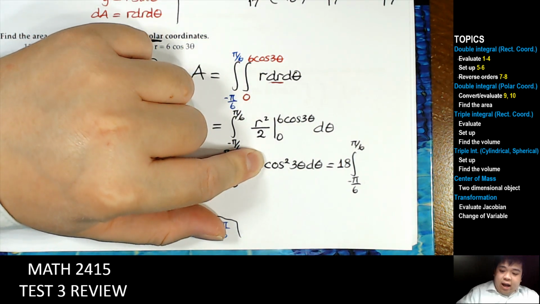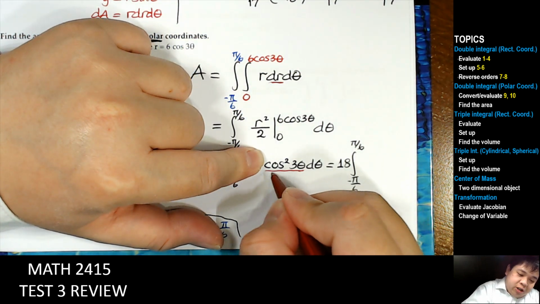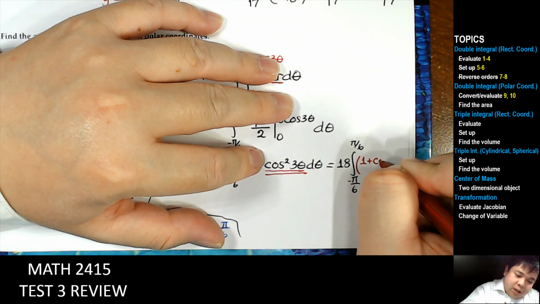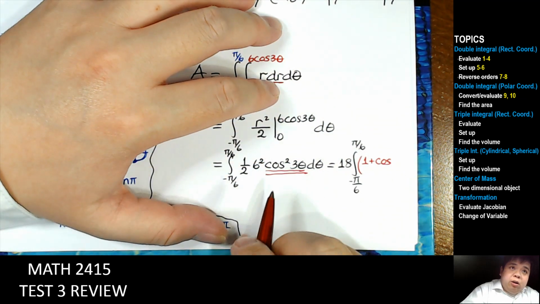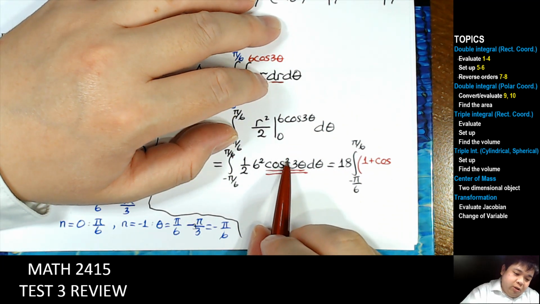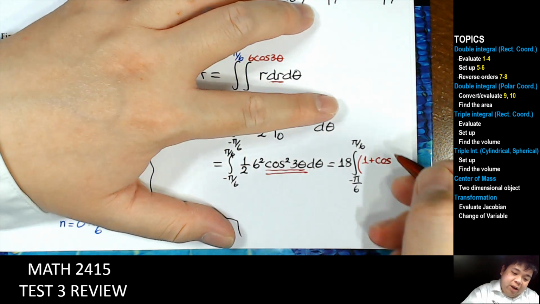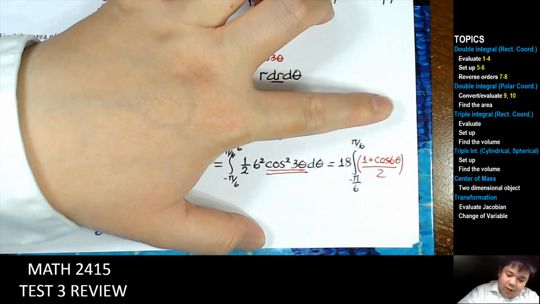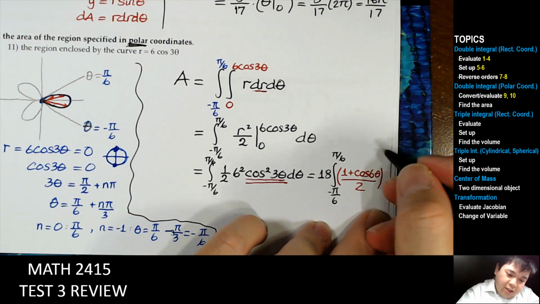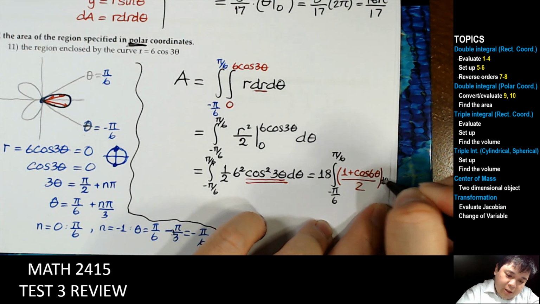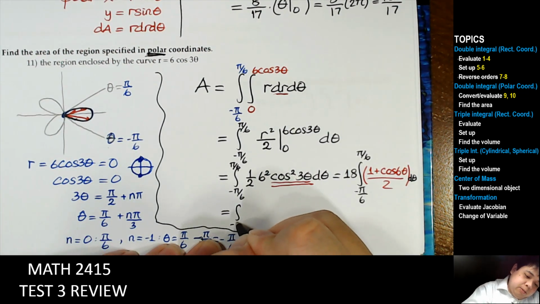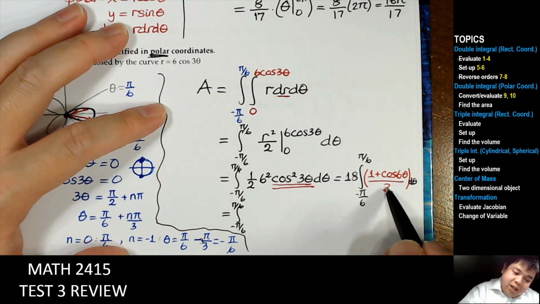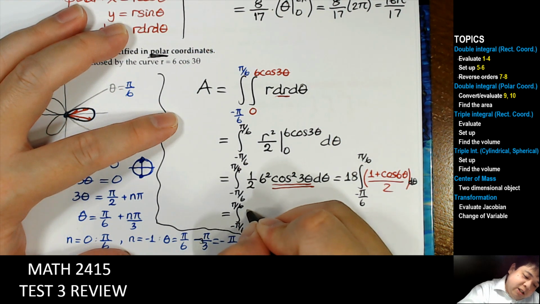Cosine squared, that's half angle, power reduction. For this one we write 1 plus cosine, the power reducing formula from 2 to 1, but the angle has to double, so that will be 6 theta over 2 d theta. Right, 18 times 1/2, that will be just 9.